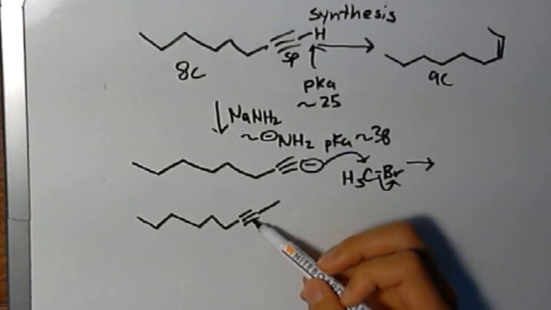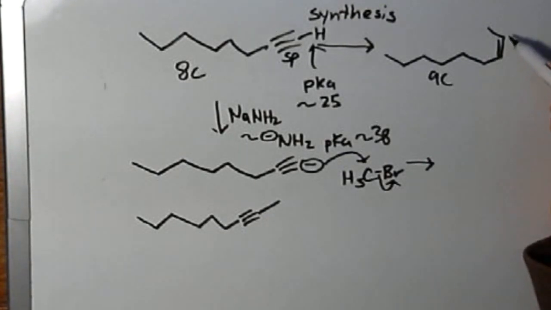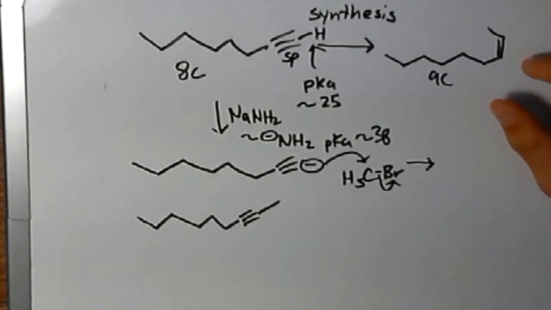So the next thing to notice is that we're going from an alkyne, which has 3 bonds, to an alkene, which has 2 bonds. But what is the configuration about this double bond? It's not a trans, it's a cis relationship.